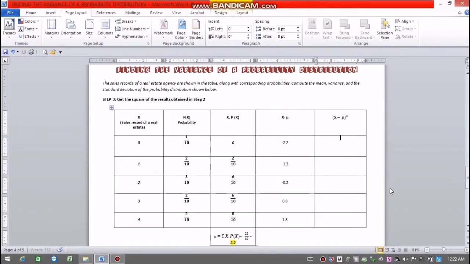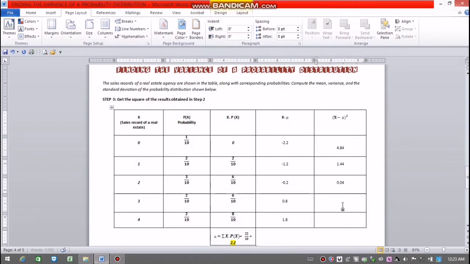For the third step, get the square of the results obtained in step 2. Let's move on to the first column. Negative 2.2 squared is equal to 4.84. For the second column, negative 1.2 squared is equivalent to 1.44. For the third column, negative 0.2 squared is equivalent to 0.04.